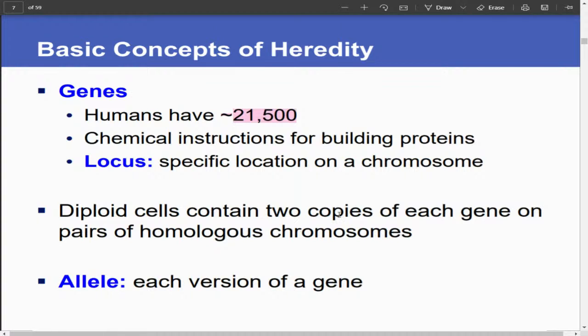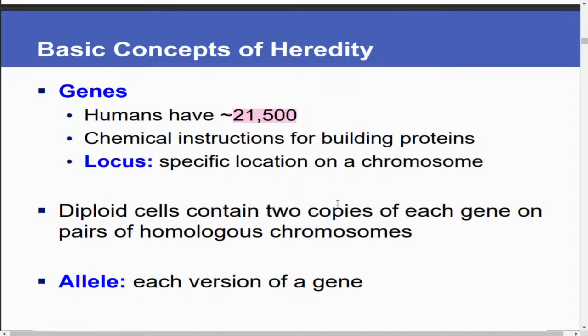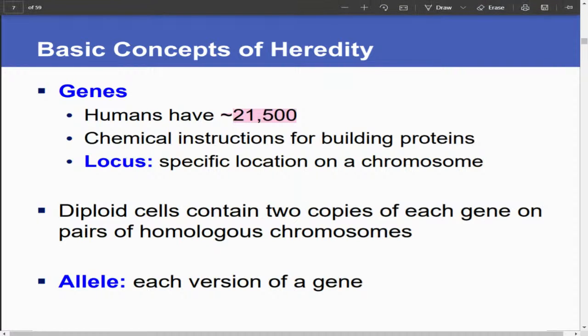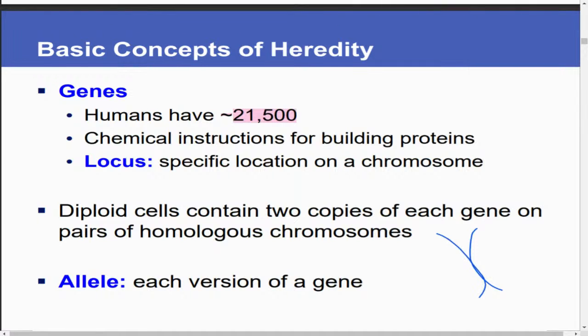We can draw this diploid cell just to remember it. It would be something like this, and it contains 2 copies of each gene.